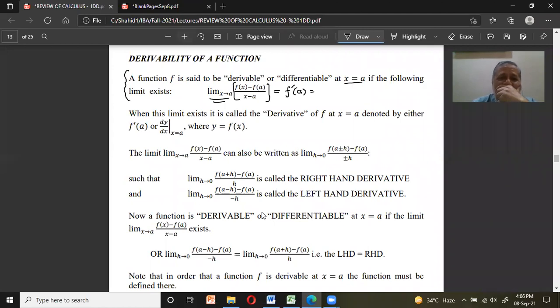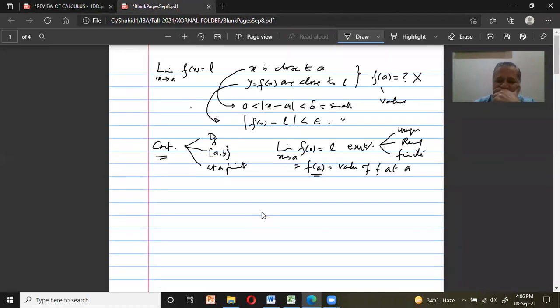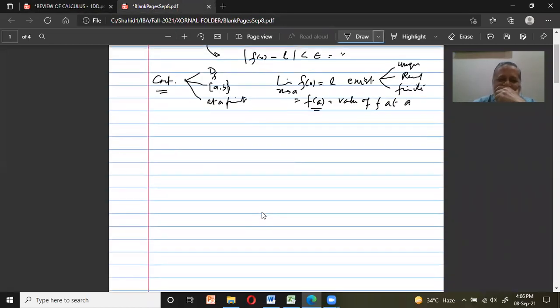So when you are asked to determine whether a given function f is derivable at x is equal to a, what do you have to do? First step, you consider f(x) minus f(a). The second step, you consider x minus a. The third step is that you make the ratio of the two.